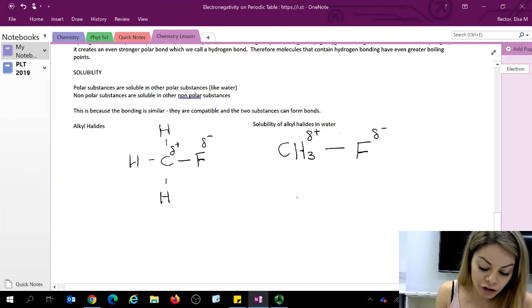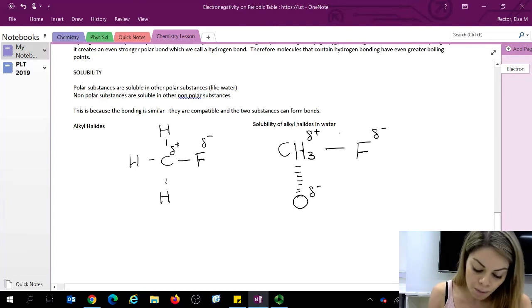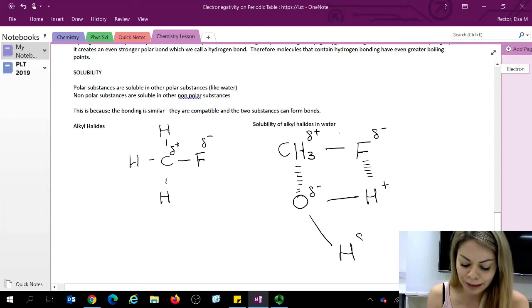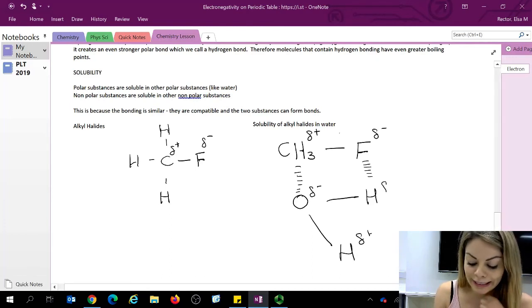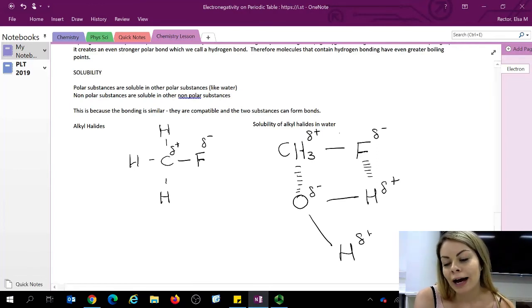We might have our oxygen line up here, which, as we know, is partially negative, so we get a polar bond there. And then we might have one of our hydrogens, polar bond there. It's not H+, that makes it a hydrogen ion, which is ridiculous. So it is soluble because it's able to create polar bonds.